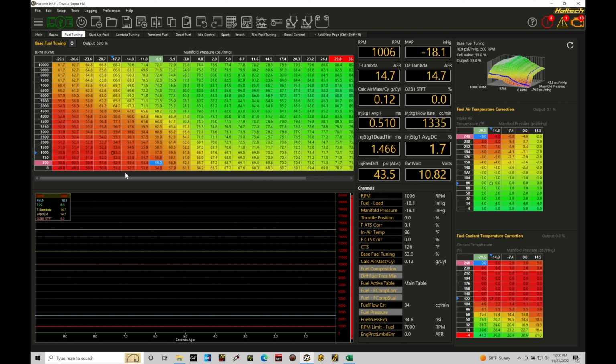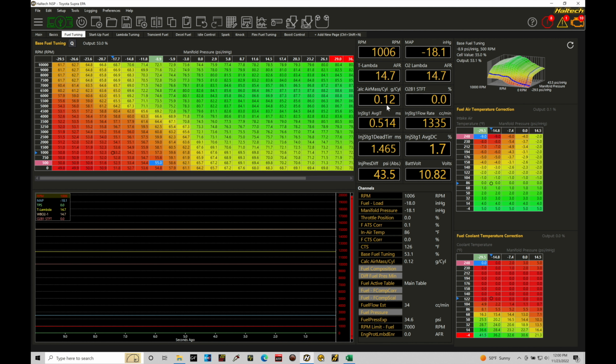As long as those are accurately calibrated, and as long as we've entered in the engine displacement and number of cylinders, what we're left with as the variable we can change to influence the air mass estimation is the volumetric efficiency percent right here, which is the percentage of cylinder filling. So when we're doing our calibration process, we want to make sure that the VE values we enter are reasonable, and that the parameter here, calculated air mass per cylinder, is also reasonable and accurate.